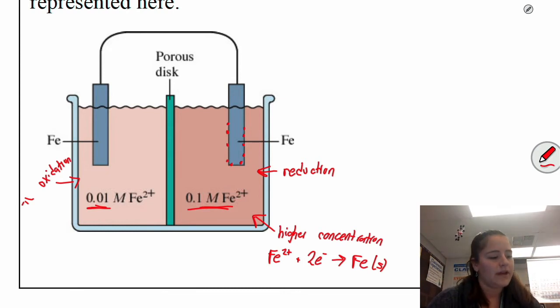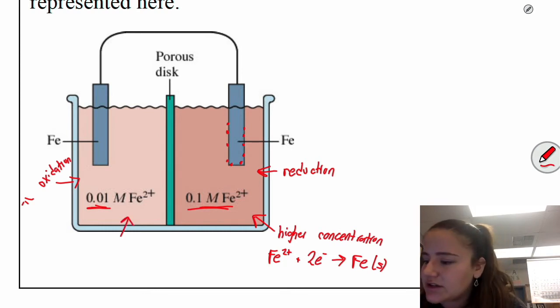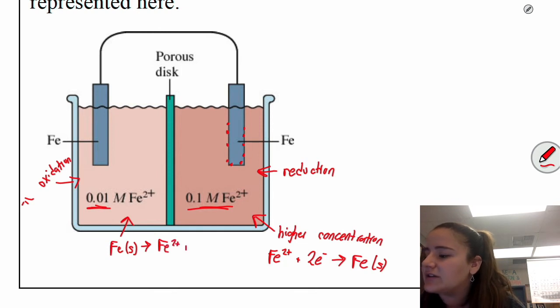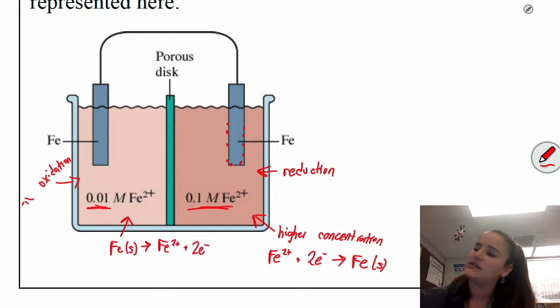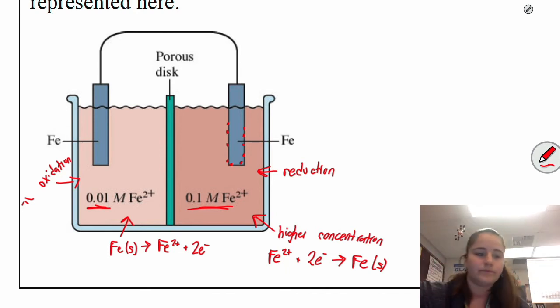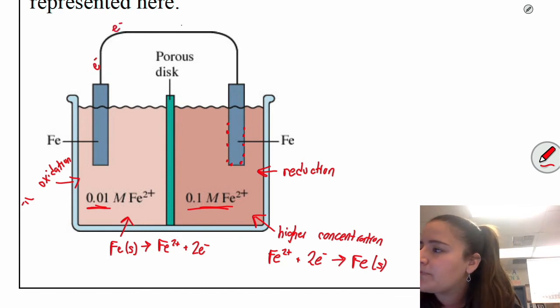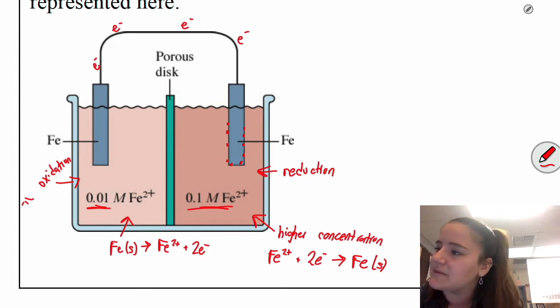Okay, now we need to remember what's going to be going on in this cell. It's just the reverse. Okay, it's going to want to add ions to solution, so it's actually going to be dissolving that solid into iron 2 plus and electrons. So you're going to have the electrons being removed from this one so that they can be gained by this one, okay?